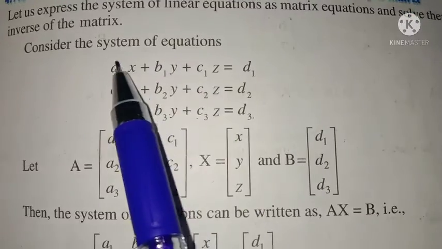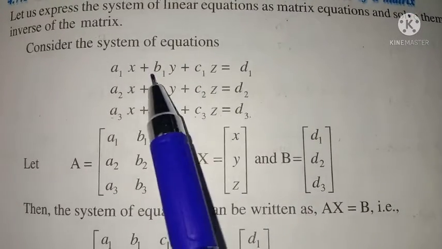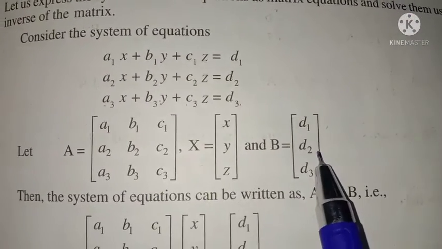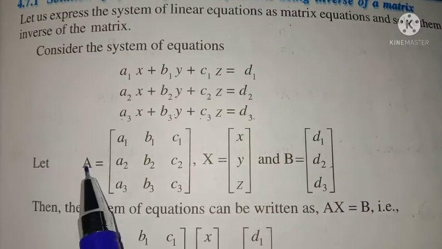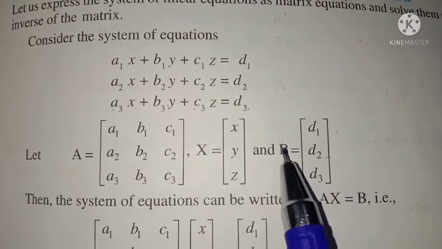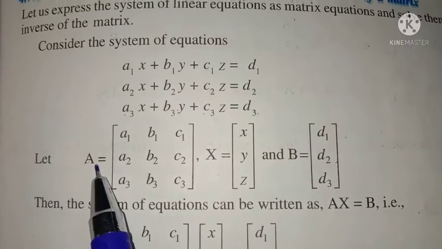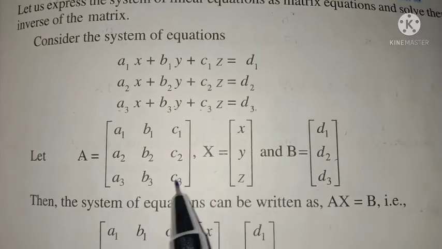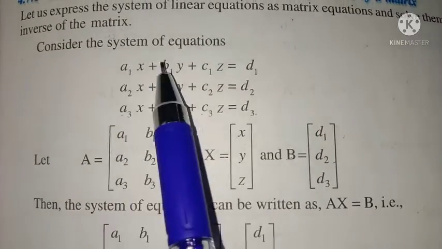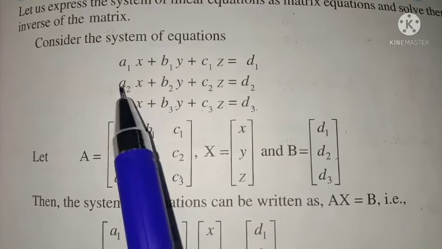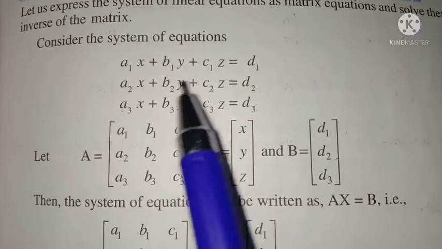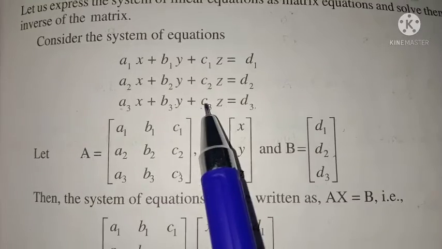So we can express the system of equations in the form of matrices: matrix A, matrix X and matrix B. Here matrix A is the coefficient matrix a1, b1, c1, a2, b2, c2, a3, b3, c3.